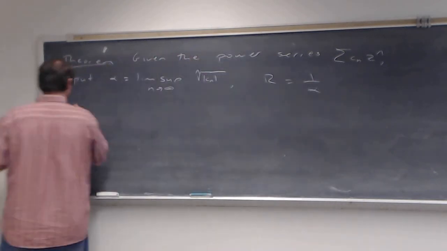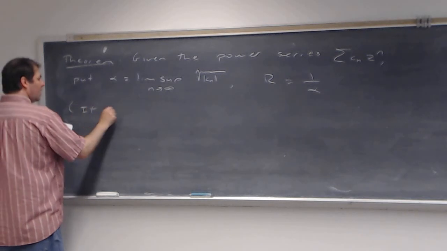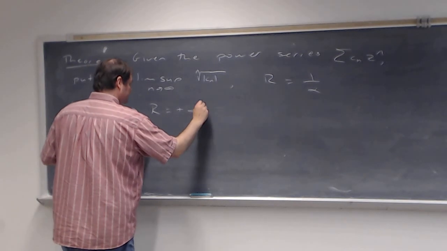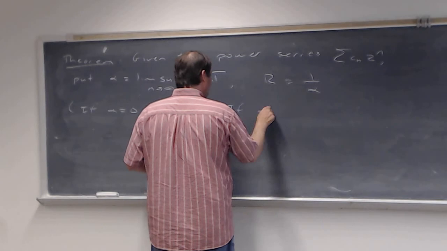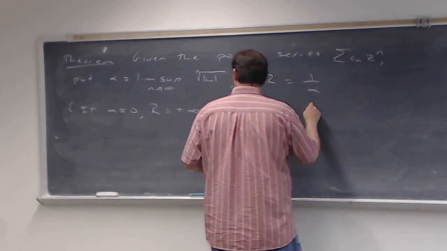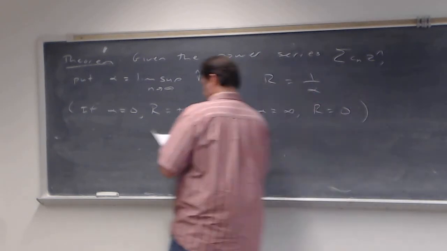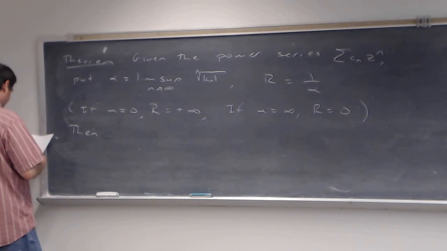Here we might have some questions about certain situations. If alpha was equal to 0, then r is going to be equal to plus infinity. And if alpha is equal to infinity, then we're going to say r is equal to 0 in that case.